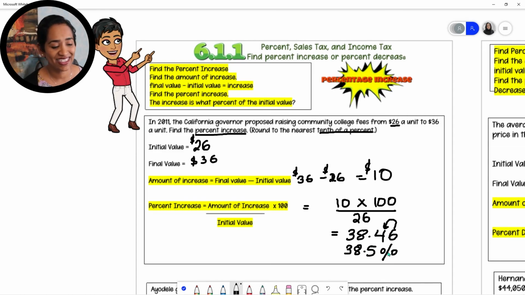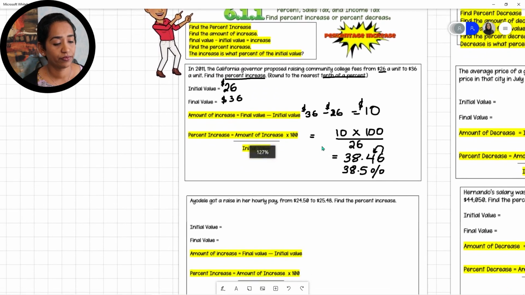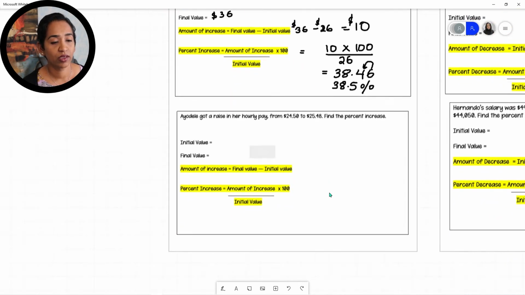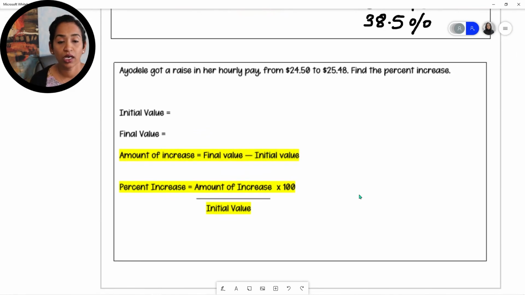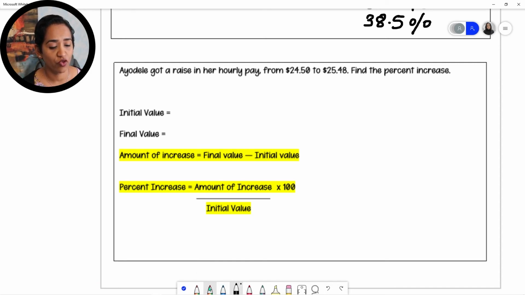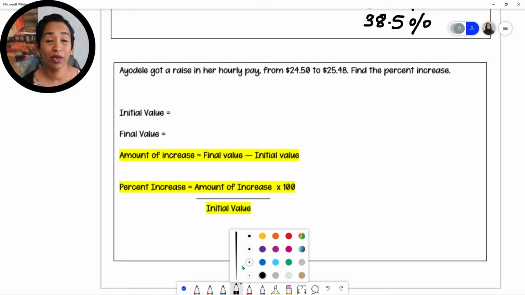All right, let's take a look at the next one. Ayodele got a raise in her hourly pay from $24.50 to $25.48. The next process is to use it in one step. What are they asking me?